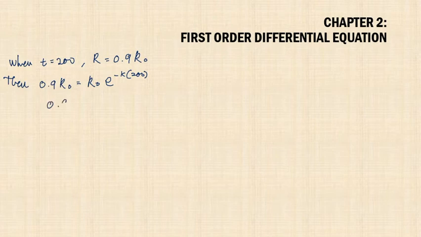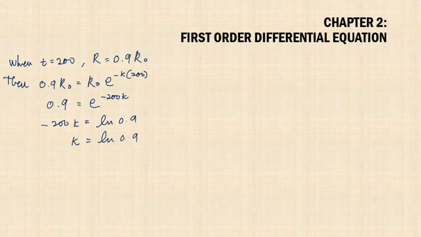We simplify to 0.9 equals e to the power of negative 200k, and by taking ln of both sides, we have negative 200k equals ln 0.9. So we have k as ln 0.9 divided by negative 200, and k is 5.3 times 10 to the power of negative 4.